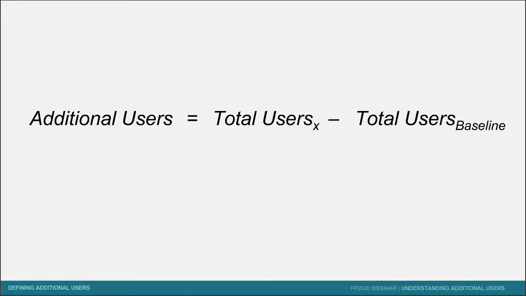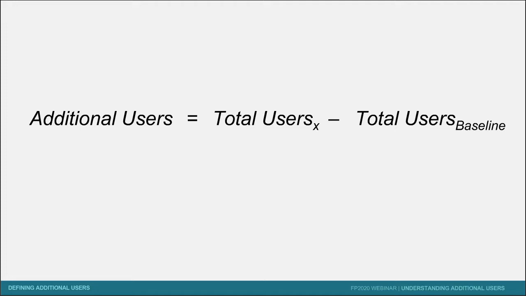We get these two total user numbers by multiplying the modern contraceptive prevalence rate in each of these years by the number of women of reproductive age in that same year. The modern contraceptive prevalence rate, or MCPR, is FP 2020's core indicator number 2.